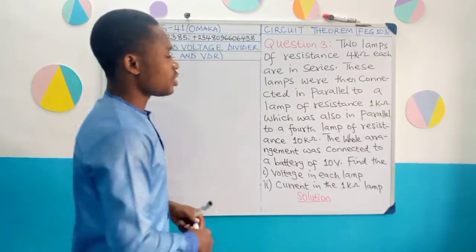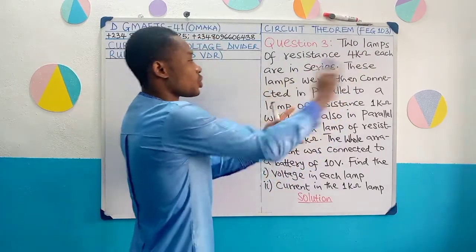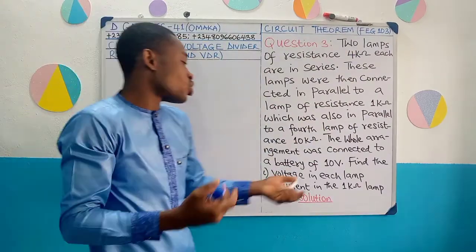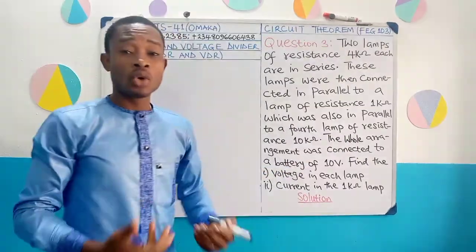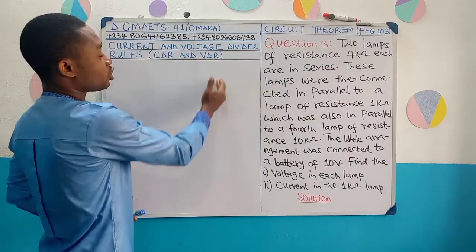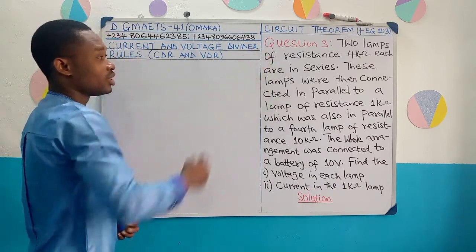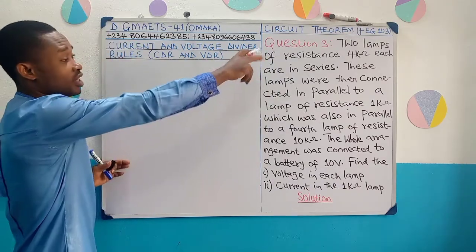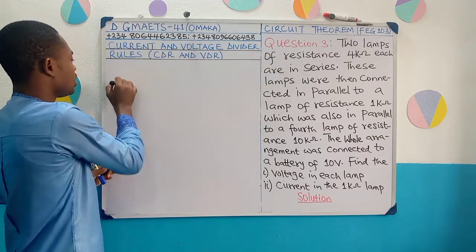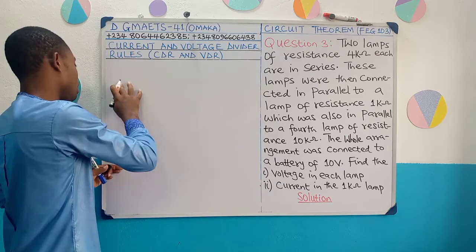So it simply means we're going to start our arrangement of resistors from this side while moving towards the part where we would like to fix this 10 volt battery. Now I would like the 10 volt battery to be on my right hand side. So if I am sketching this circuit, starting with the 4 kilo ohm resistance lamps, there are two there, then I expect to get something like this.